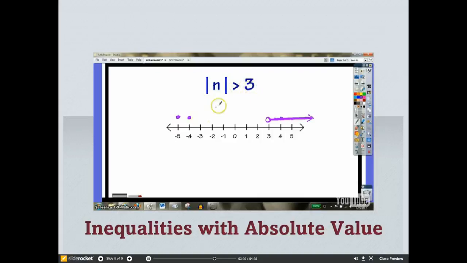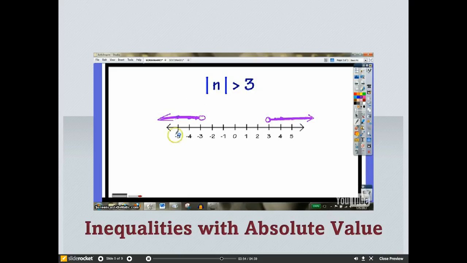Now -3 would not work because once again no equal sign, but let's say I did -3.2. -3.2 absolute value is +3.2, or just 3.2, and 3.2 is greater than 3. So that would work too. So on this side I get a starting point of -3, and this time everything below it.